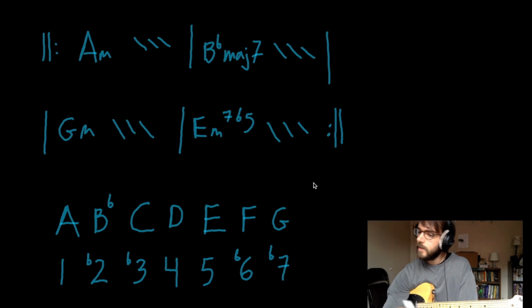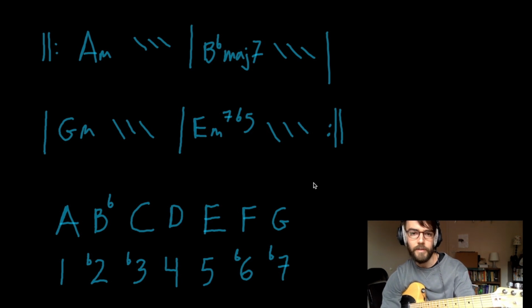So there you go. All right, let's get on to a less minor-y sounding thing here. So our next chord progression, moving right along, we're going to start with C minor 9 for 4 beats.